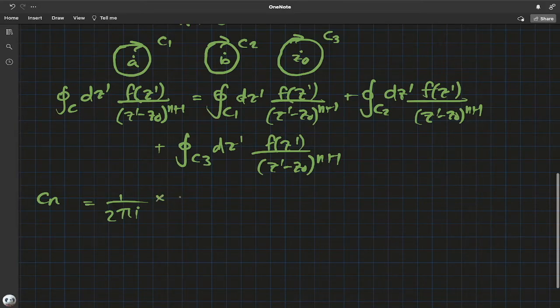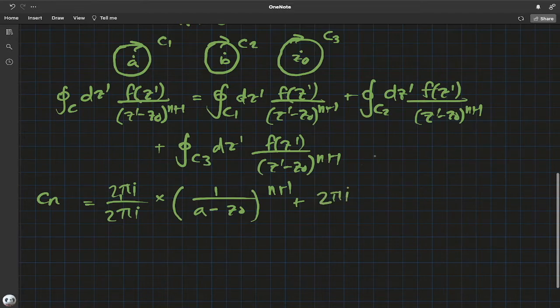We get the same term as before, multiplied by 2 pi i because of the formula, 1 over (A minus z naught) to the n plus first, and then the same term for C2. That's a good thing about these problems, because some terms will be repetitive.